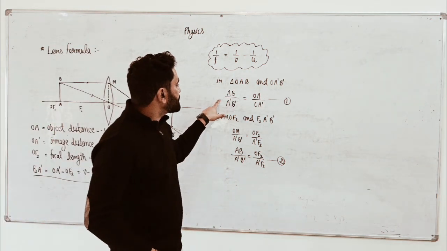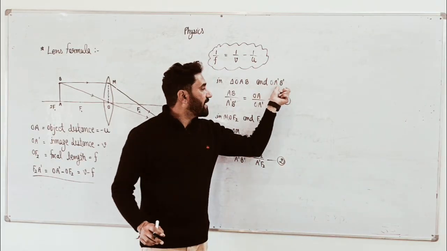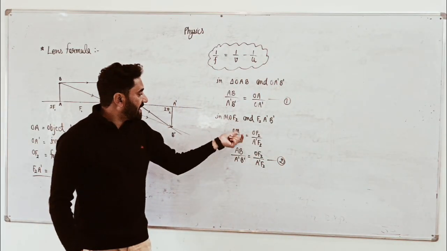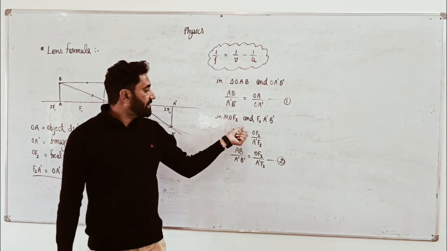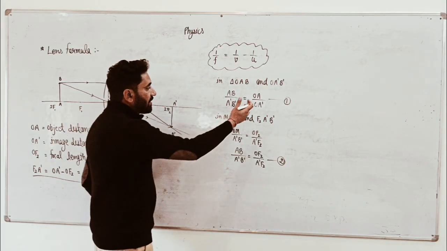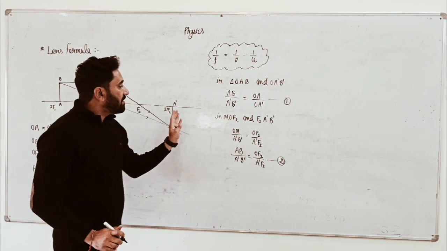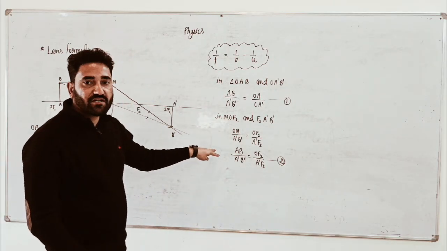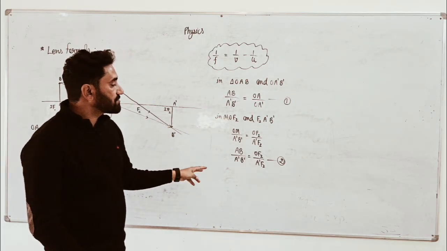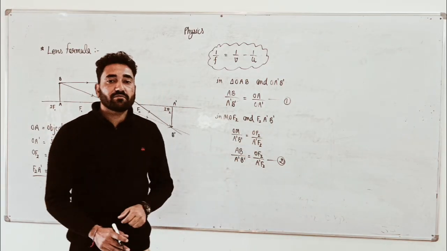So we got the first equation from triangles OAB and OA dash B dash, and we get the second equation from MOF2 and F2 A dash B dash. Now, if we compare both equations, we see that the left hand side of equations 1 and 2 is the same. So the right hand side will also be equal.